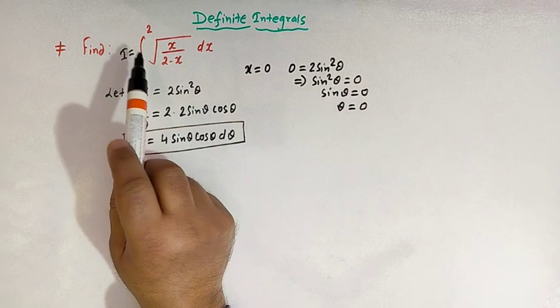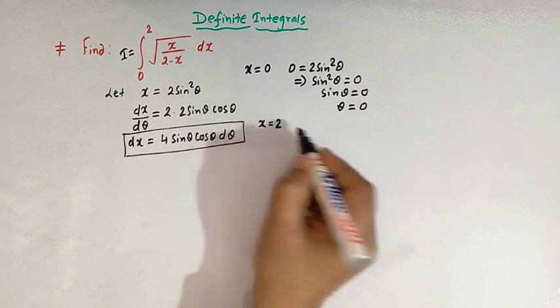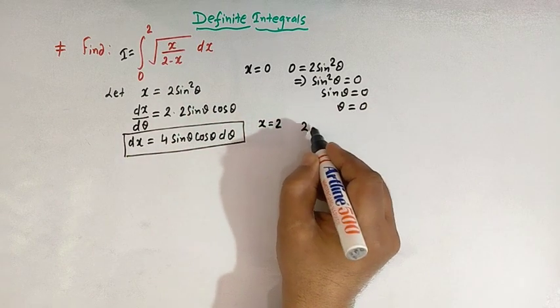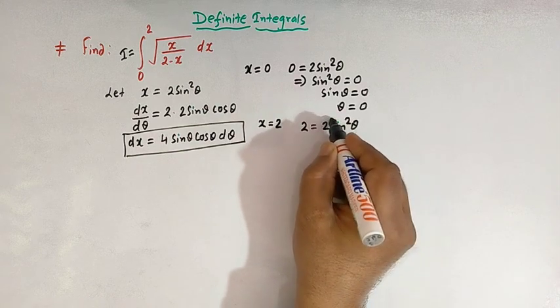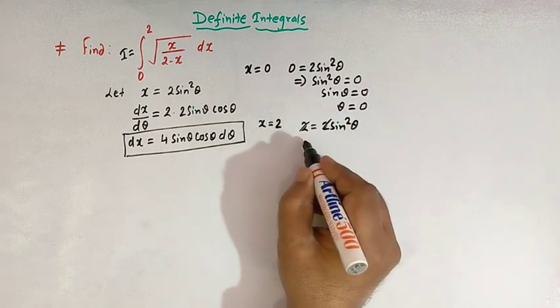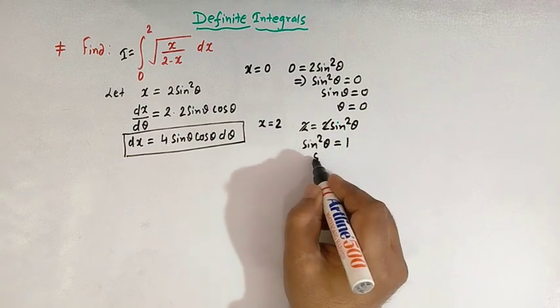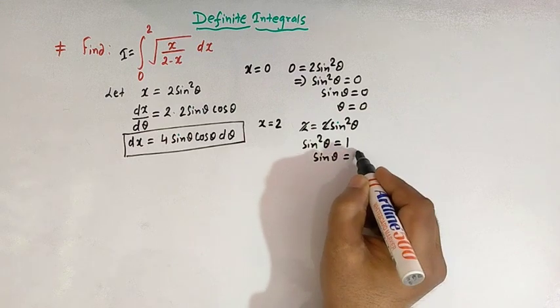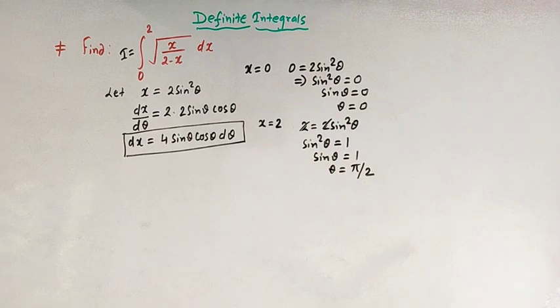Similarly, when x is 2, we can write 2 is equal to 2 sine square theta, and 2 and 2 get cancelled, so we are left with sine square theta is equal to 1. So sine theta is 1, so theta is equal to pi by 2.